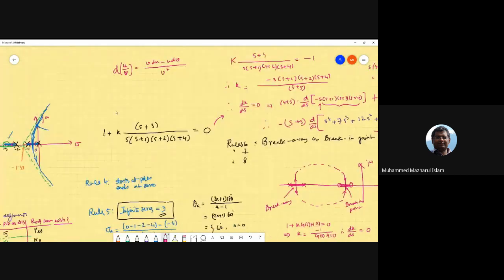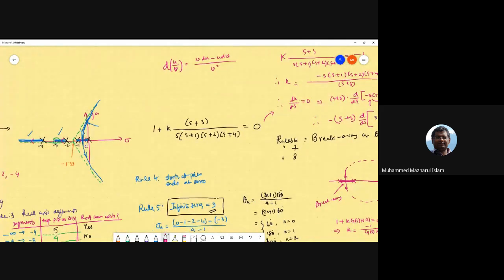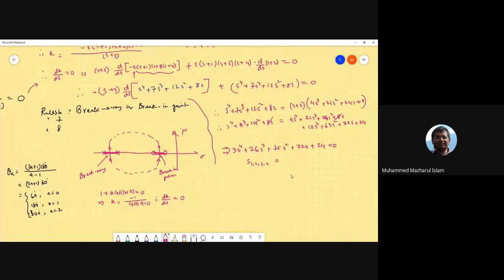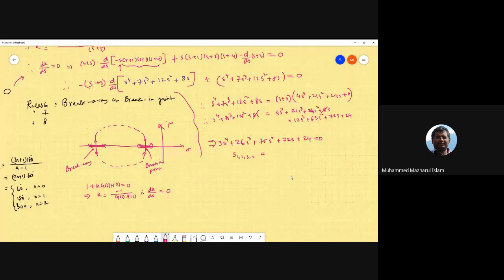If you look at the root locus, you see that there is exactly one breakaway point between 0 and -1. So I should have found one real solution for this polynomial, where the solution would be between 0 and -1. Any other real solution can be discarded.